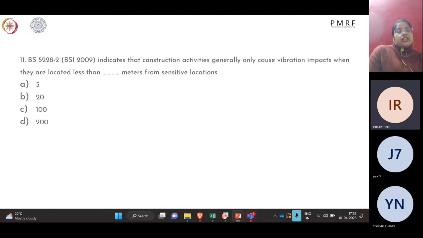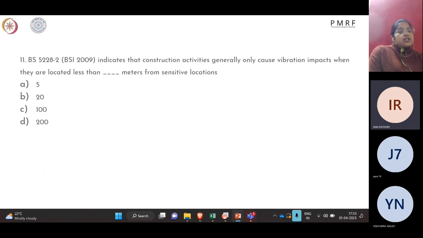So moving on to question 11, BS 5228-2, 2019, indicates that construction activities generally only cause vibration impacts when they are located less than dash meters from sensitive locations. So the Bureau of Standards has identified that construction activities cause vibration impacts up to a certain location.